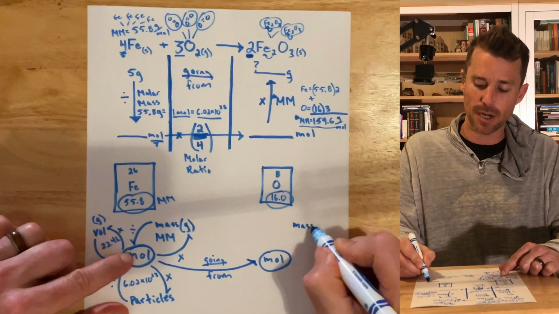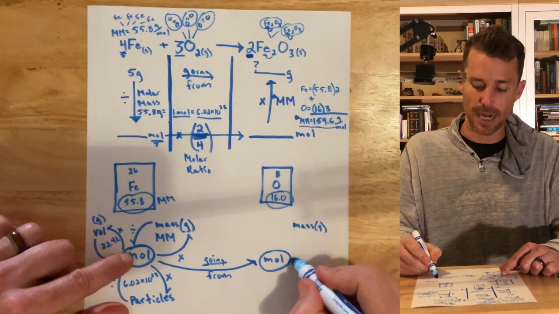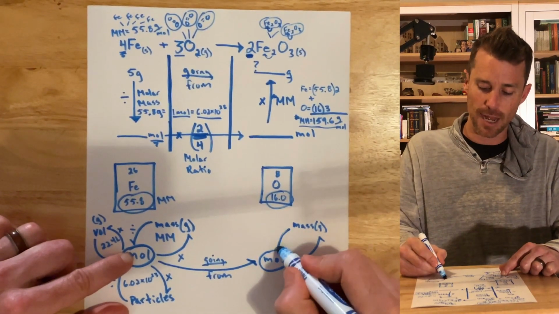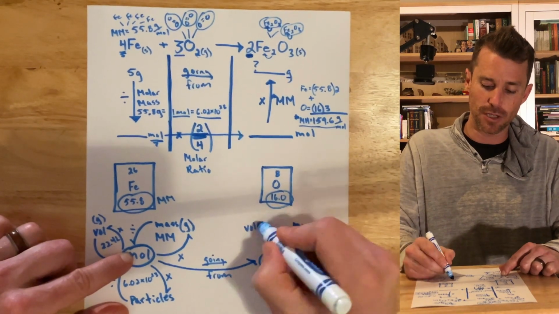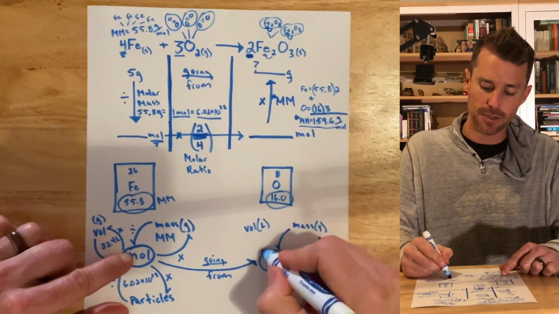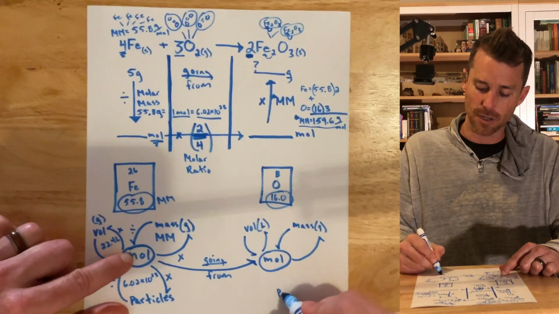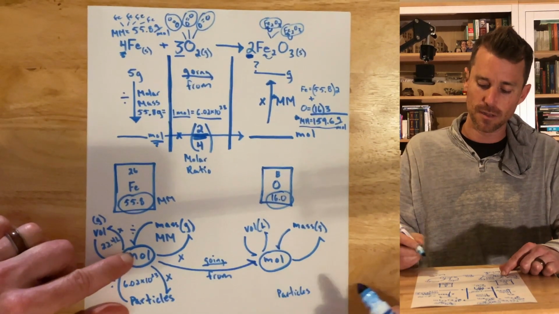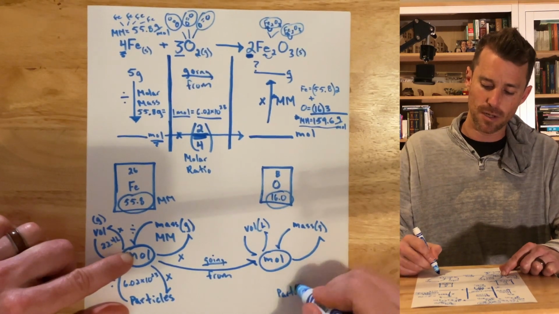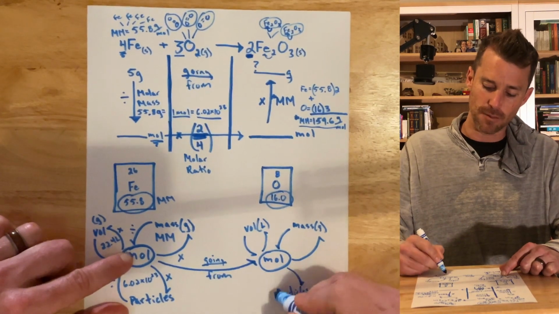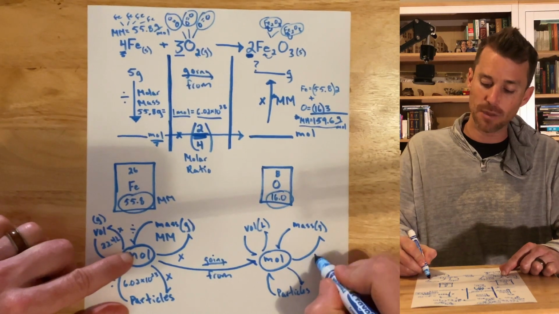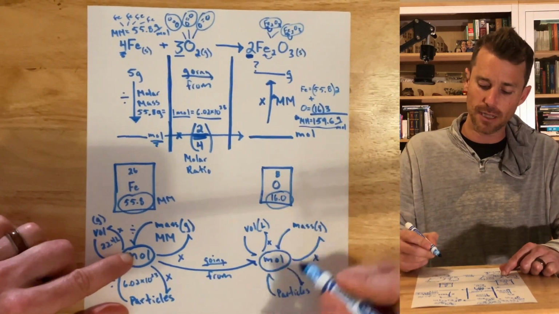So we got mass right here in grams, which is the one that actually matters for us right now. You could do volume if you wanted to do everything here in liters. And then we also have particles. Okay, particles when you're leaving and when you come back. So every time you leave, you multiply when you leave the mole.